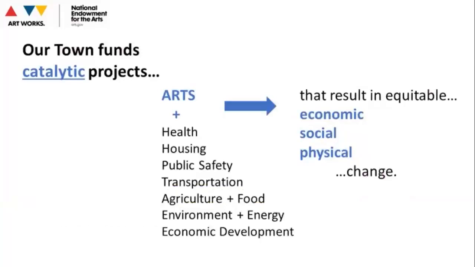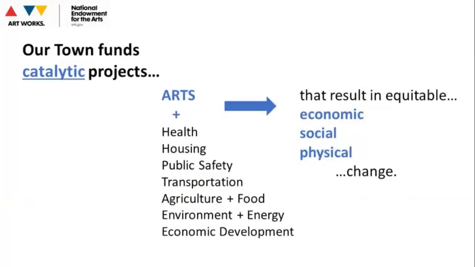And so the NEA, looking at all the R-Town projects that they were doing, did see patterns and wanted to identify how it is that the arts, when they work in conjunction and in partnership with health, housing, public safety, and other fields, are creating results.